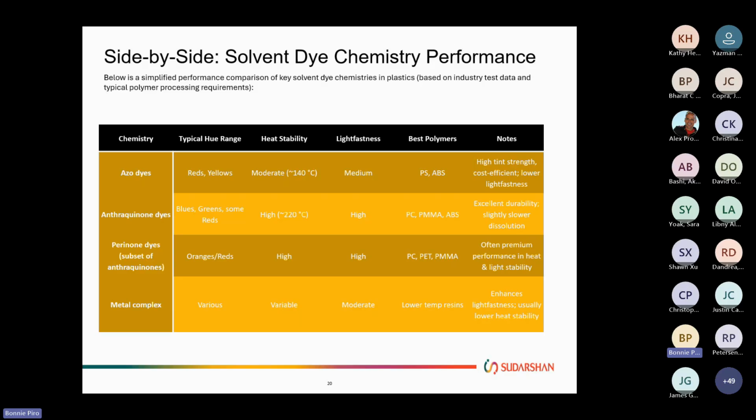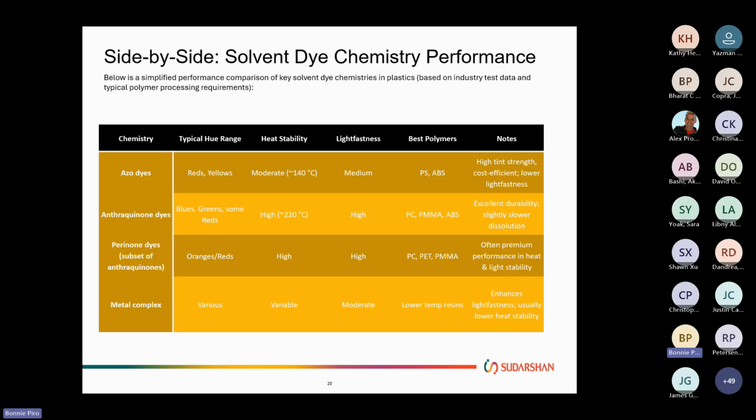Oranges and reds can fall into this category. They're going to have the higher heat stability and light fastness, and then again a bigger set of polymer suitabilities. So of all of these three, they will be the high performance versions of these solvent dyes.